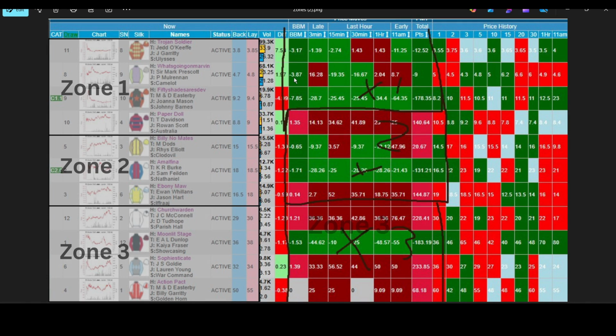He's taken a smaller percentage of the book as well, but once again the market is a little unstable and he's not been consistently bet upon from 11 AM, from our early bird price right through to just before the off. Now as you can see in this Zone 1 we come down to the third favourite, and his price actually is slightly higher than the remaining horse in Zone 1. This is because it doesn't numerically change.